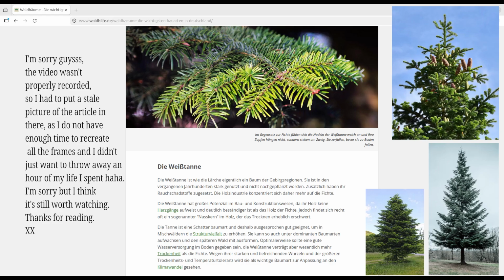Die Weißtanne verträgt aber wesentlich mehr Trockenheit als die Fichte. Die Weißtanne, the silver fir, verträgt, this derives from the word tragen, carry, or wear. And vertragen means to be able to carry, basically. And also vertragen can mean when you had a fight with someone and you say, ich vertrage mich mit dir.